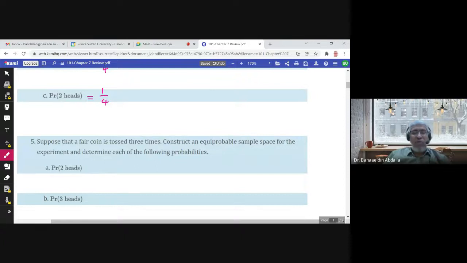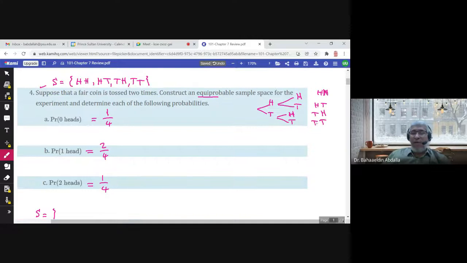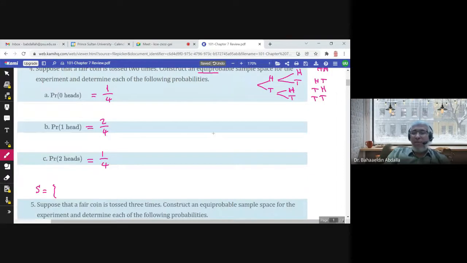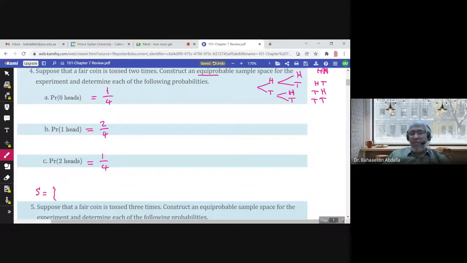Now, if we toss the coin 3 times, then the sample space would be, there will be another possibility, okay? So I can find the sample space by just writing HH twice.